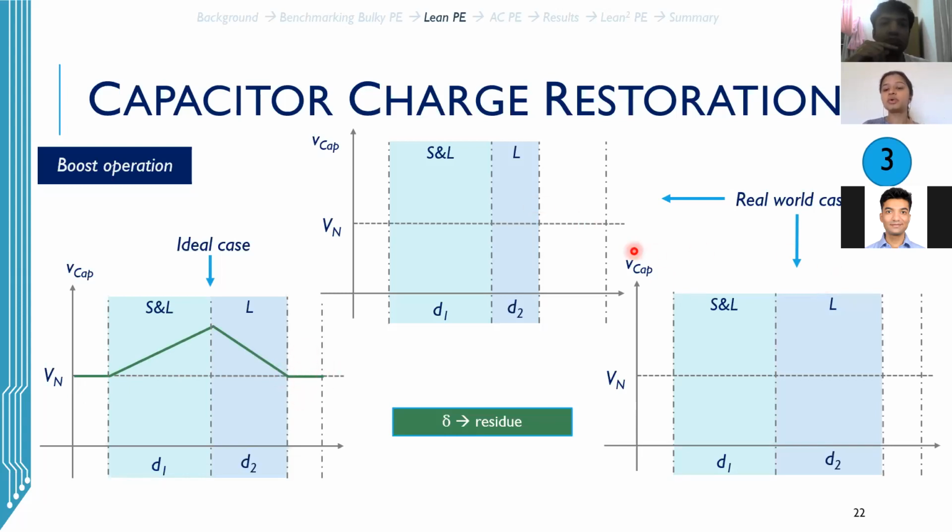However, in real world cases, there may be situations wherein when we finally end the active intervals, there may be a positive residue or a negative residue. So the question is how to deal with such situations in a converter wherein the capacitance is really small.